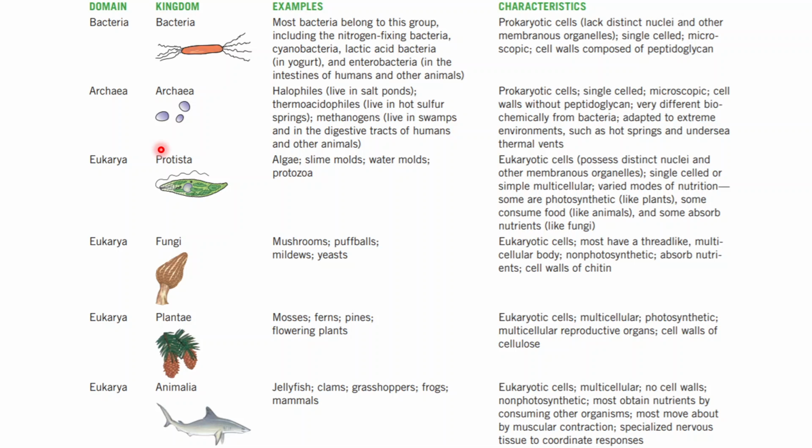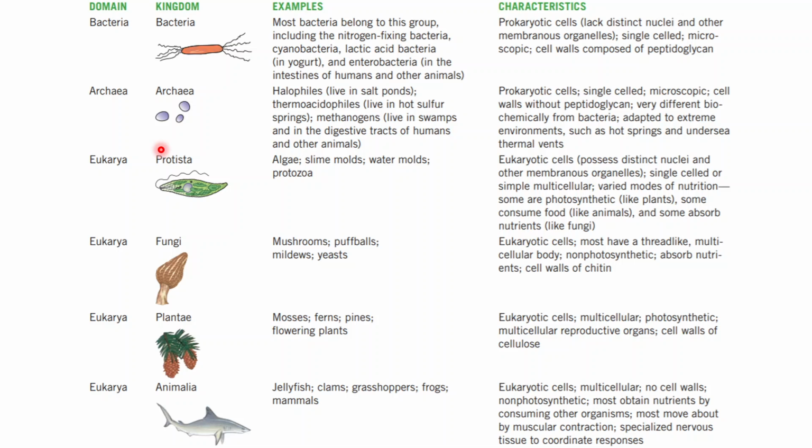So, simple and unicellular organisms such as bacteria and most microorganisms were included in kingdom Protista. Thus, protists are a diverse group of mainly unicellular, mainly aquatic organisms, and they are very important in medicine because most of the diseases are caused by them.